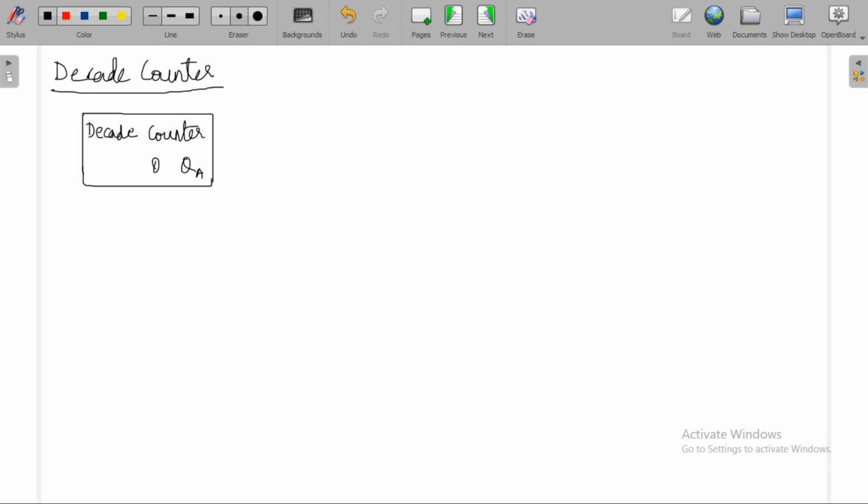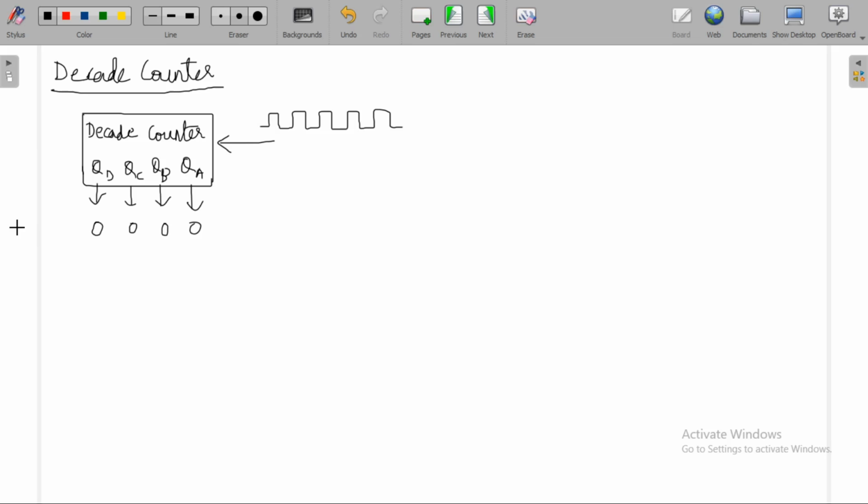QA, QB, QC. Input given to this decade counter is digital signal, the number of pulses given to this digital counter. This will generate BCD code.